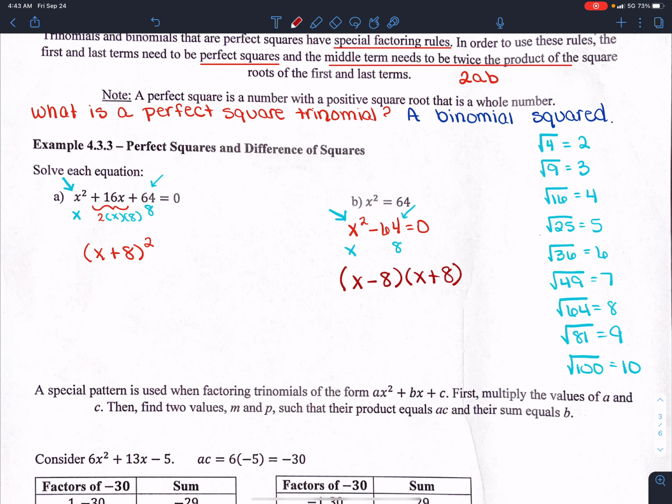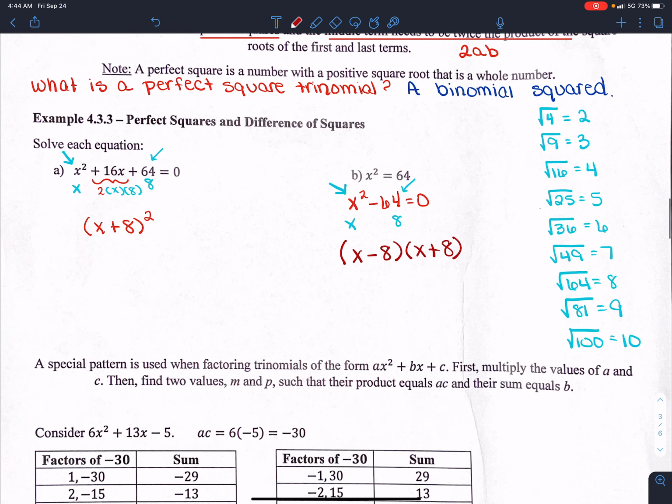If you're ever not sure, go ahead and use distribution again. So if you did x times x, x times 8, negative 8x, and negative 64, these two here would cancel out, and you'd be left with x squared minus 64.